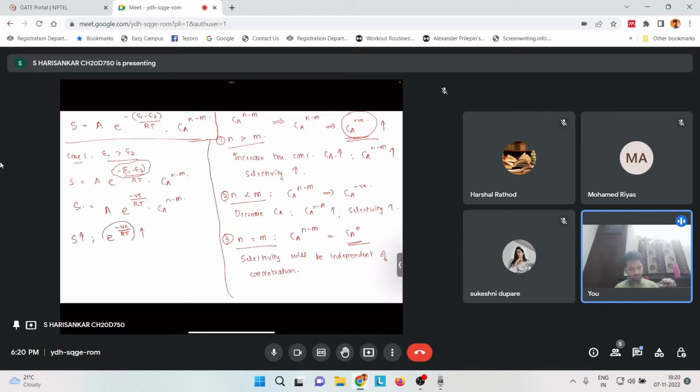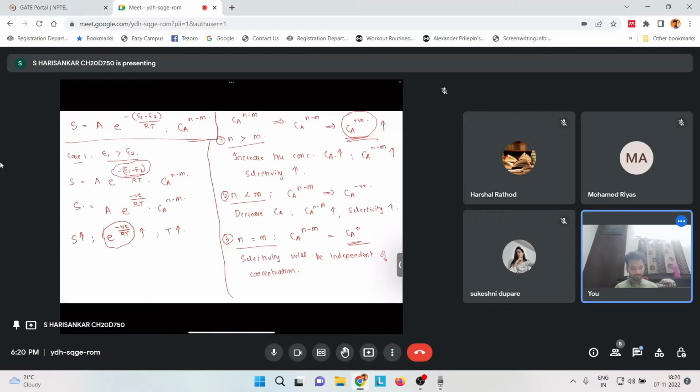For this term to increase, we have to increase the temperature, because there is a negative sign here. If we increase the temperature, the denominator of the exponential will increase, and the exponent will become less and less negative.